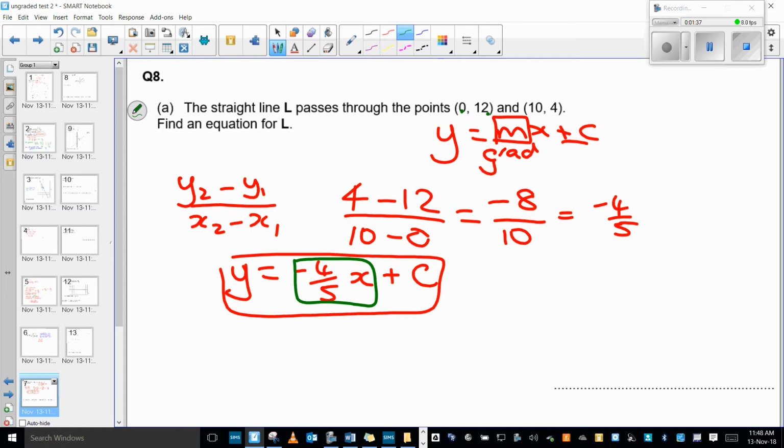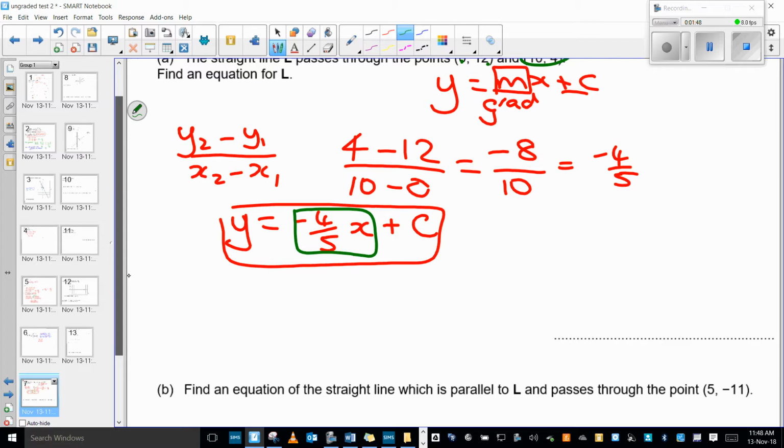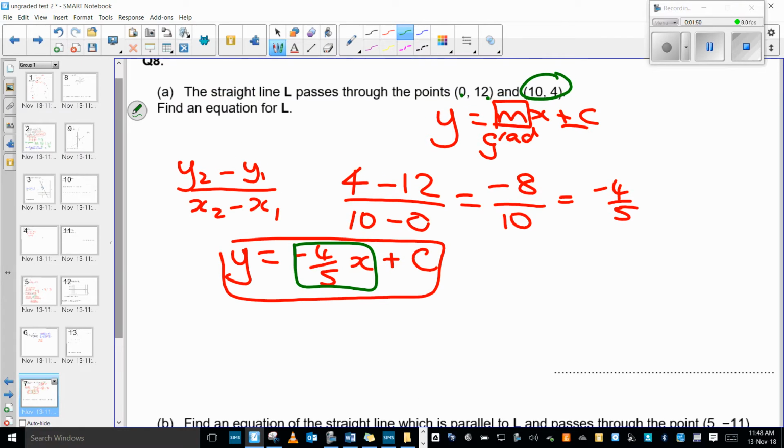However, if you had not spotted that, you can use the other coordinate and substitute those values in. You substitute the 4 in place of the y, so you write 4 equals, your negative 4 over 5 stays there, then you substitute in the 10 for x.